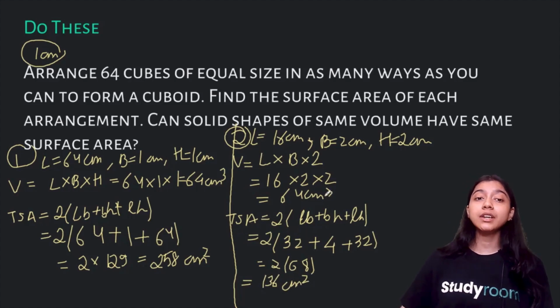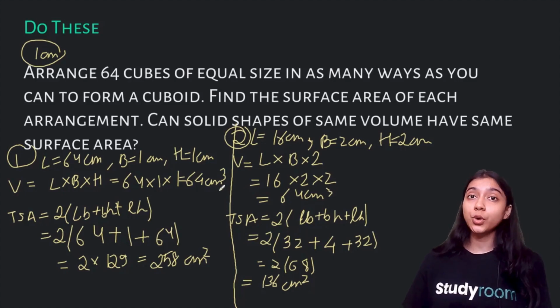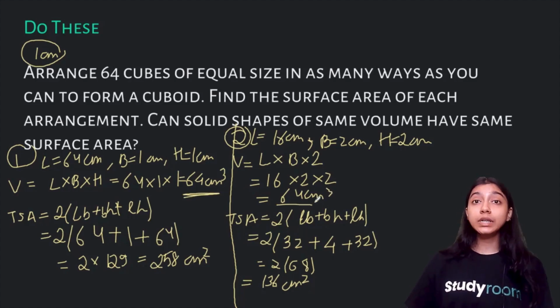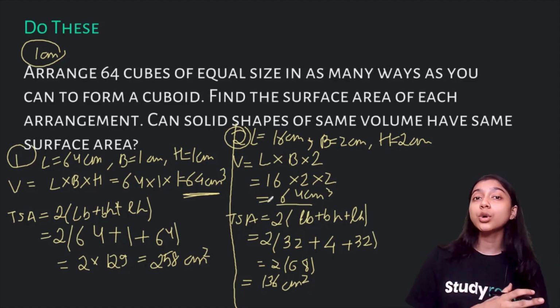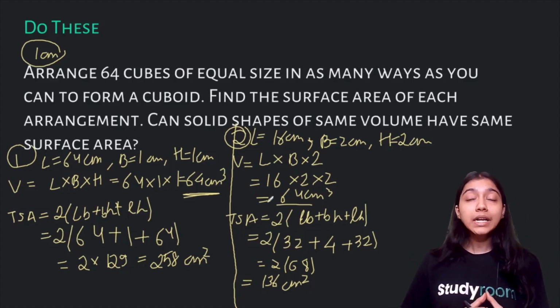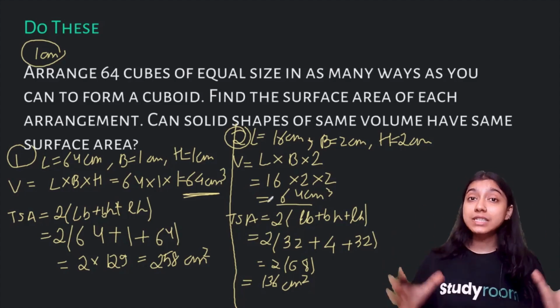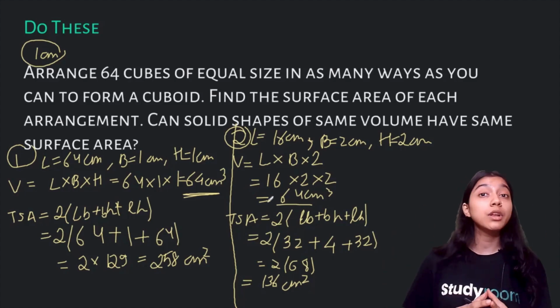So from here we can conclude that if we are taking 64 cubes and arranging them in different setups to form a cuboid, the volume will always remain the same. The total space that the object will be occupying remains the same. But in different setups, the total surface area of the solid will not be the same.